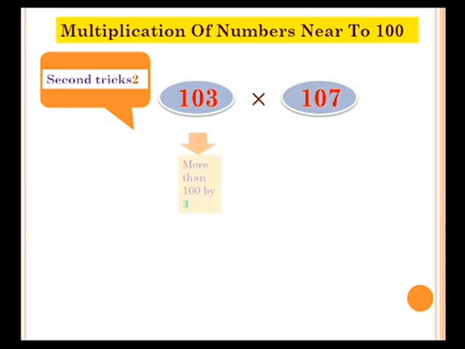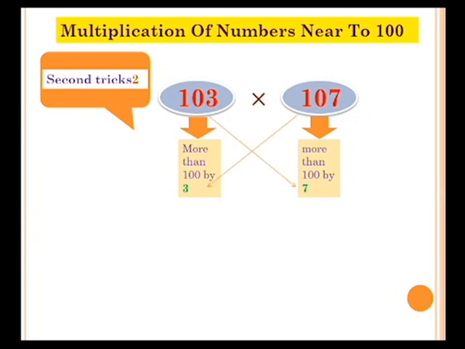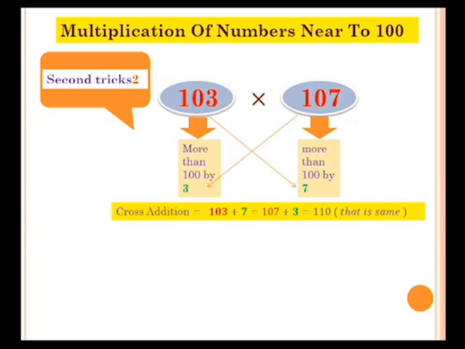So that's why we take the addition: add 7 to 103 and add 3 to 107, we get 110, that is the same.